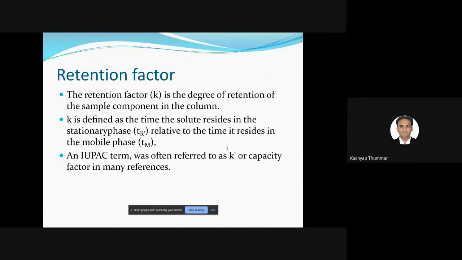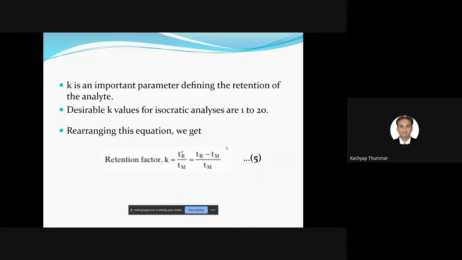In IUPAC terms, it is also referred to as k prime or capacity factor in many references. So retention factor and capacity factor are equal in terms. When you operate the software or go through any book, when it is written retention factor, you will easily identify what it means. I will also explain it by the equations.